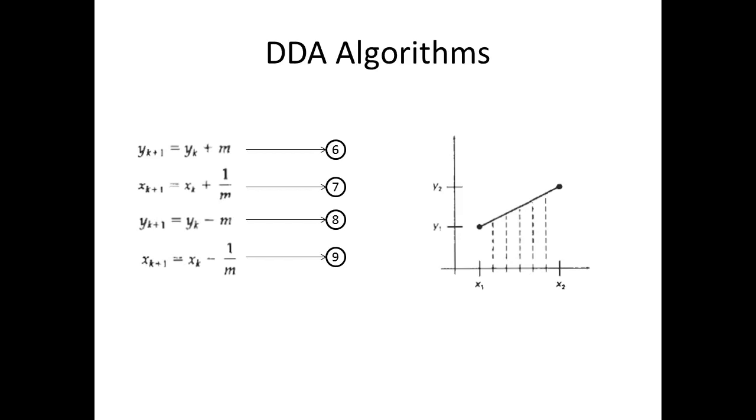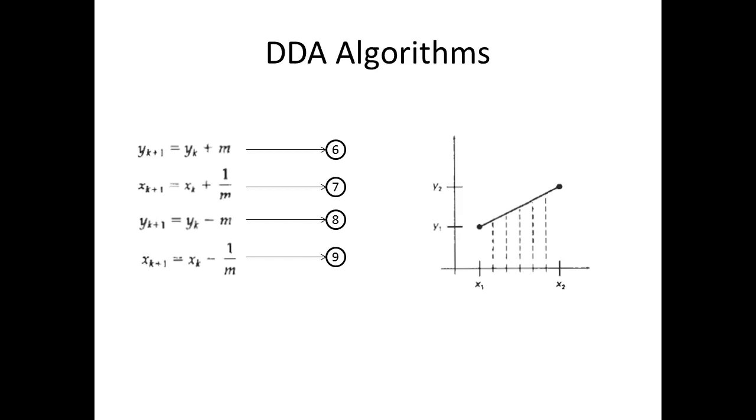Since m can be any real number between 0 and 1, the calculated y values must be rounded to the nearest integer. For lines with a positive slope greater than 1, we reverse the roles of x and y.